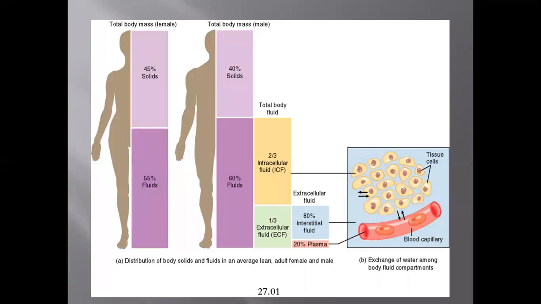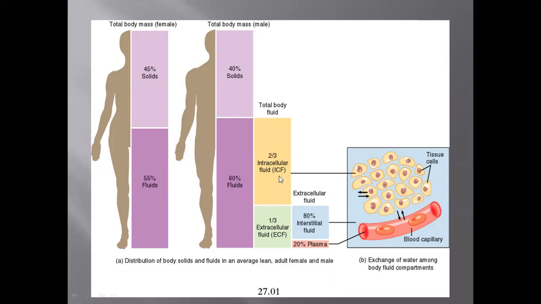You see here that we have 40% solids and 60% fluid. From this you can notice that our organism is mostly made of liquid, or water. This total body fluid is divided into two parts, intracellular and extracellular fluid.